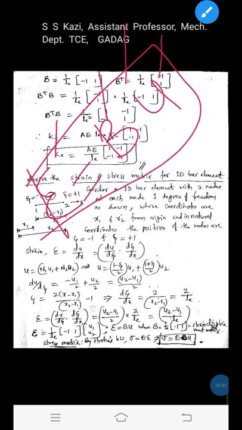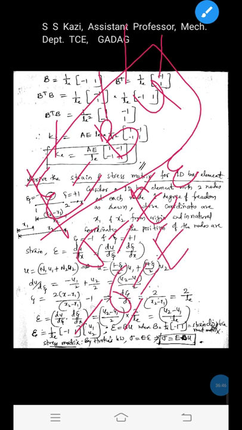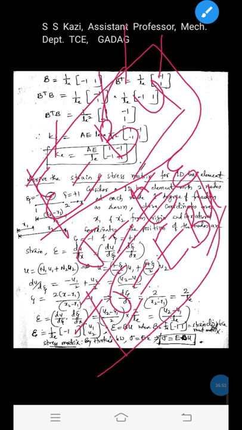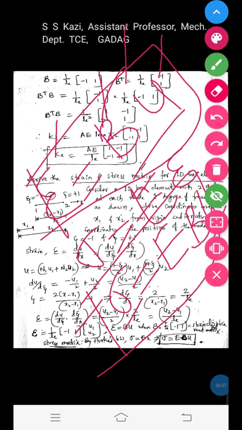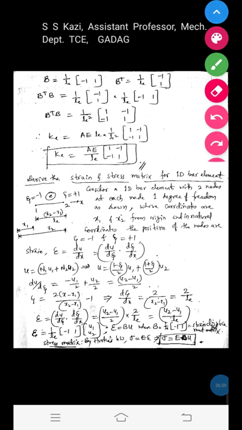Next, what is the stress matrix? By using Hooke's law, we know from strength of materials that stress is Young's modulus into strain. Therefore stress in each element can be found by the formula E into Bu, because strain is Bu. So stress is equal to EBu. This EBu for stress we also used in the potential energy approach derivation.